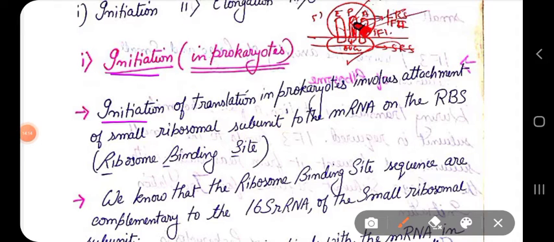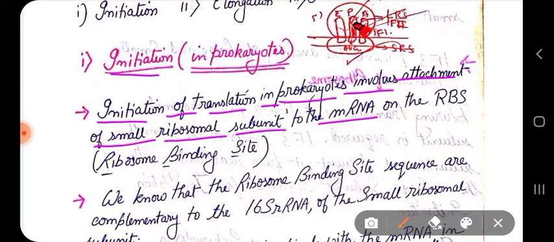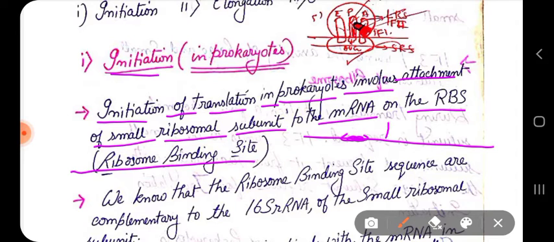Initiation of translation in prokaryotes involves attachment of the small ribosomal subunit to the mRNA on the ribosome binding site. We all know that this ribosome binding site is found on the mRNA in prokaryotes, and it is complementary with the 16S rRNA of the small ribosomal subunit.